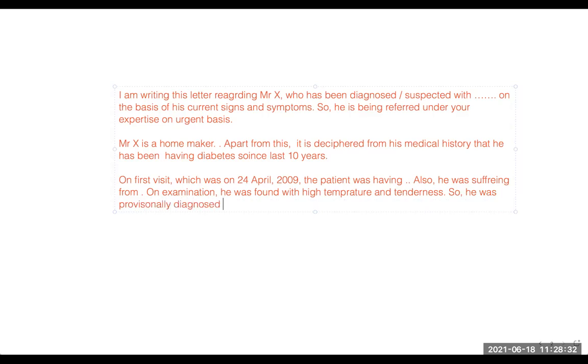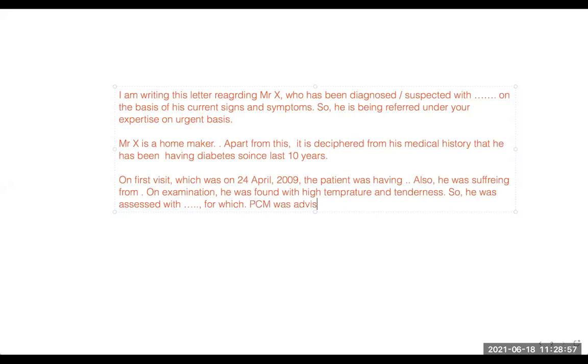If there is no question mark given, if it says assessment, then you say he was assessed with. So you change your words according to what has been given. You have to write what has been given to you. So he was assessed with this problem for which PCM was advised.